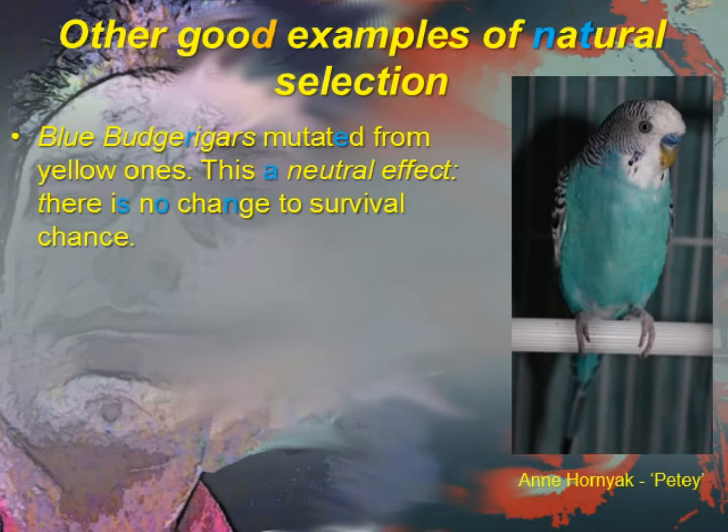So here are good examples of natural selection. A blue budgerigar mutated from a yellow budgerigar. Now, this overall is a neutral effect. There is no change to survival chance. So blue budgerigars have survived, but they are not more likely to survive than yellow budgerigars.